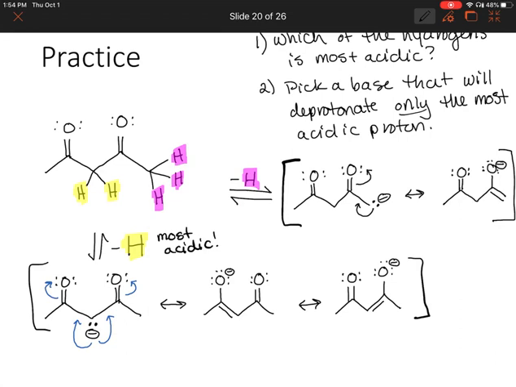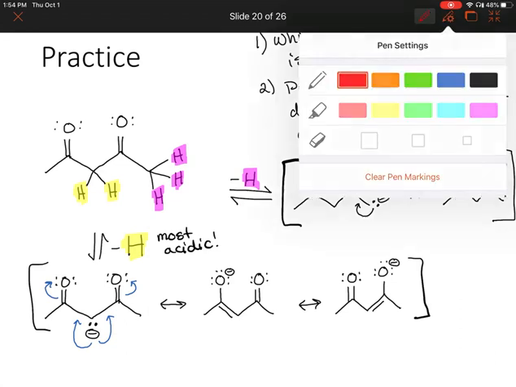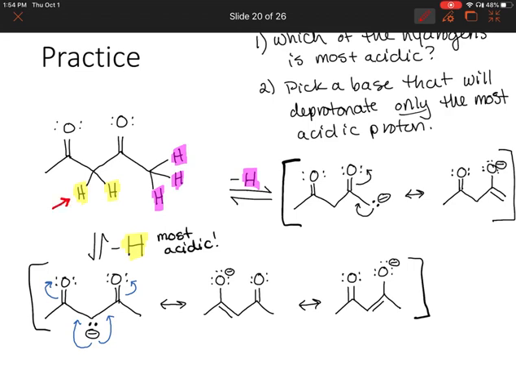And if we look up the pKa values for these different hydrogens, the pKa for the yellow hydrogens is approximately 9, and the pKa for the purple hydrogens is approximately 19. Remember, a lower pKa value means a stronger acid. So the yellow hydrogens are more acidic.